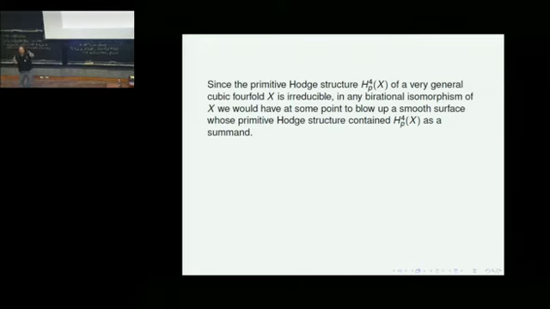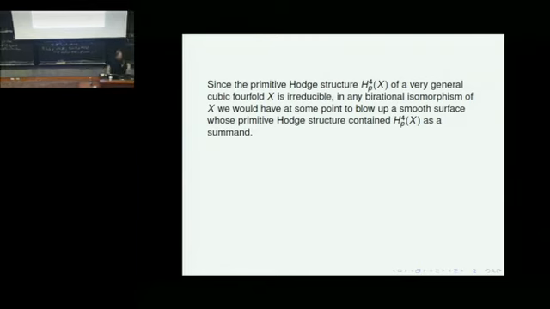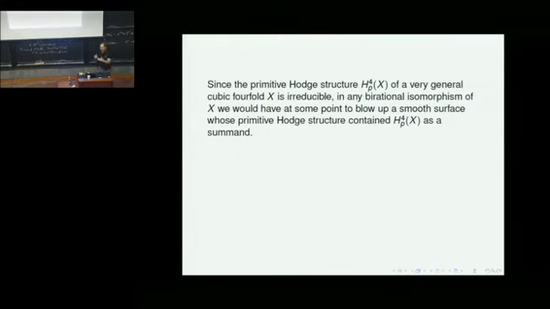At each step you would introduce as a new direct summand a new piece of Hodge structure, or you'd get rid of one, right? But now, because the primitive Hodge structure of a very general cubic fourfold is irreducible, right? We said as a consequence of Voisin's theorem, it can't come to you in bits and pieces. It has to just show up all at once.